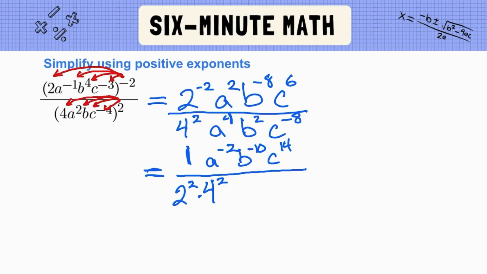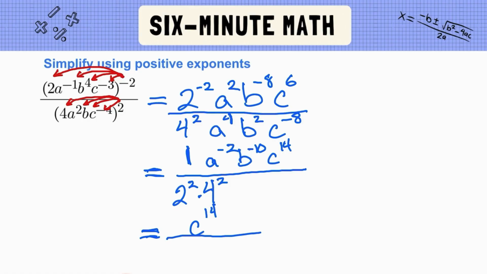Now I'm going to simplify everything. So I look at anything that's going to be left on top. I have a negative exponent. That will end up being on the bottom. Another negative exponent. That will end up being on the bottom. And I have a positive c to the 14. And that will be divided by what I have remaining. 2 squared is 4. 4 squared is 16.